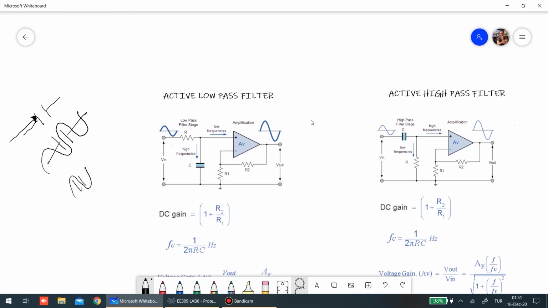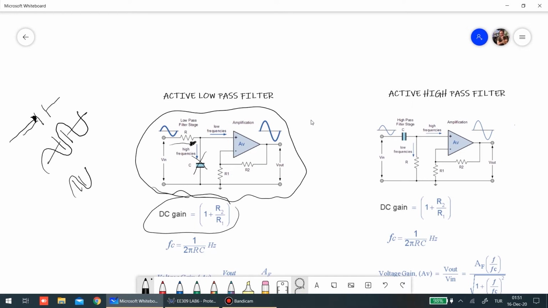We will assume that there is no capacitor for DC voltage. Now we have a simple non-inverting amplifier circuit, and here is the gain of it.